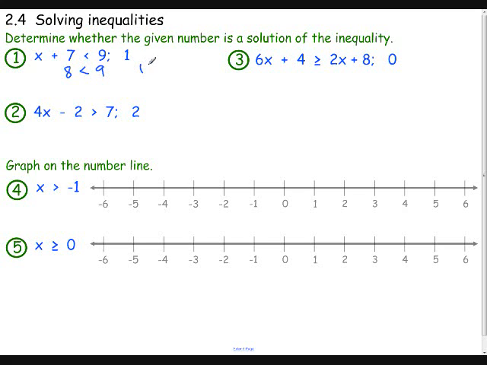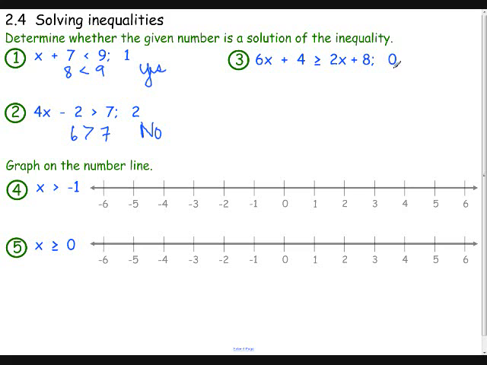So we'd have to say yes. Now in this one, if we say x is 2, we get 8 minus 2. Is 6 greater than 7? No, so not true there.